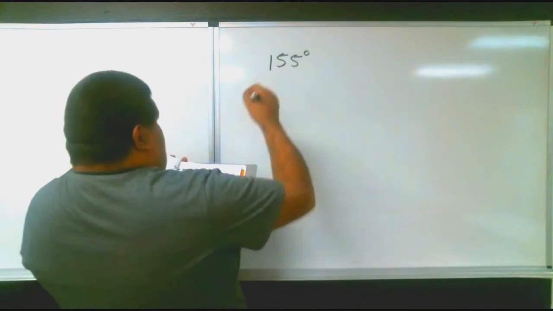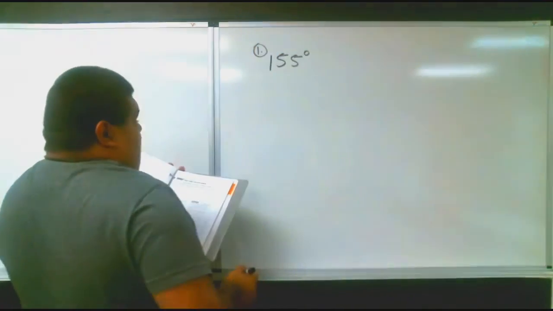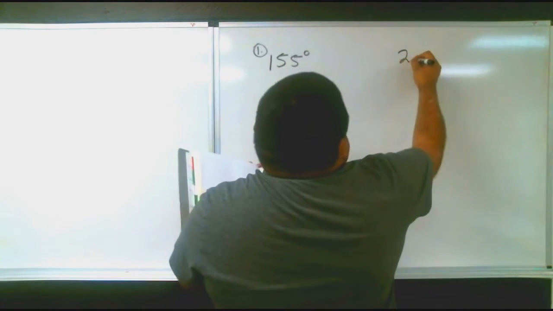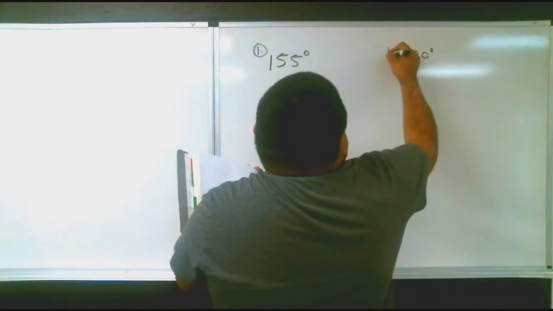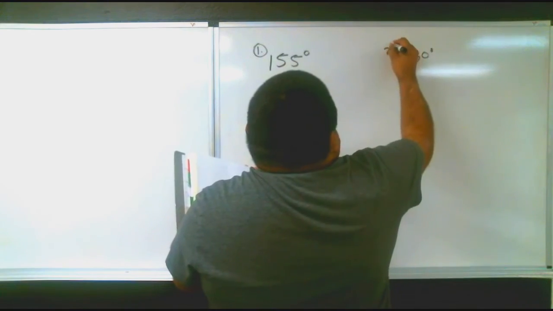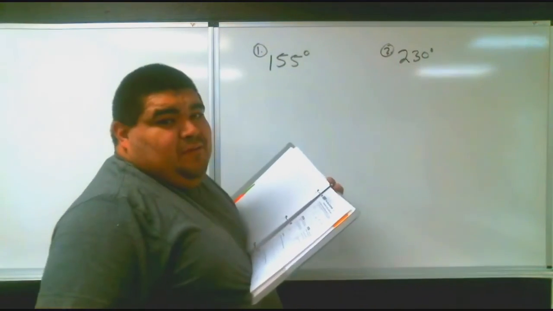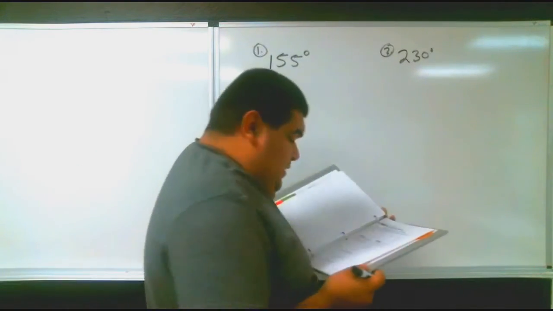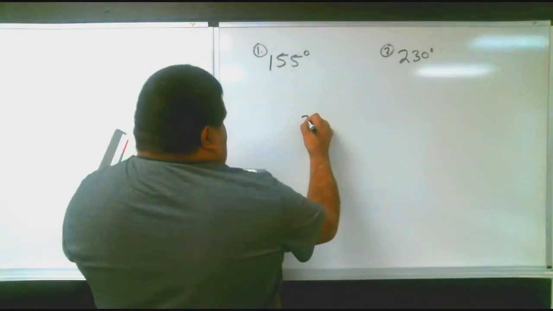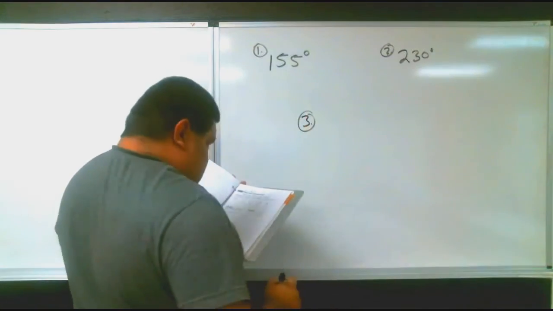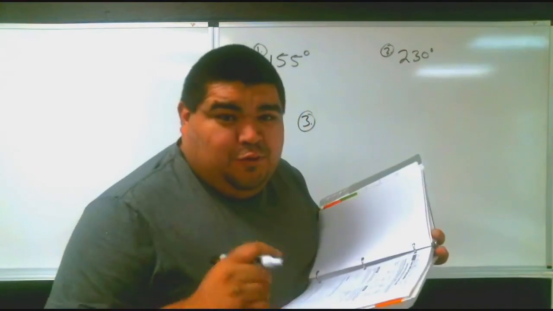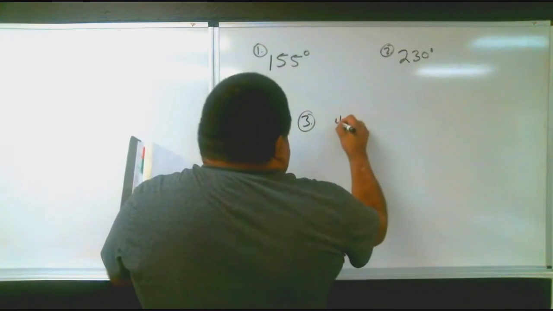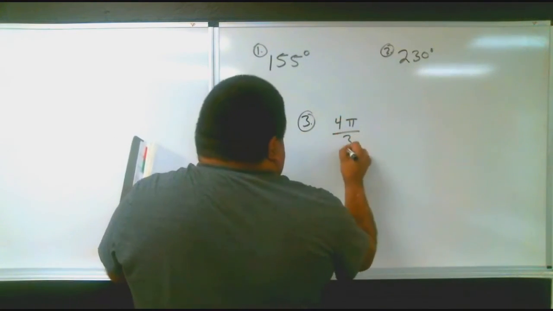That's your first one. Your second one is 230 degrees, so make sure you graph it. Remember, your theta is always on your x-axis. And your third one, hint, hint, this one you're really going to need the unit circle. It's 4 pi over 3.